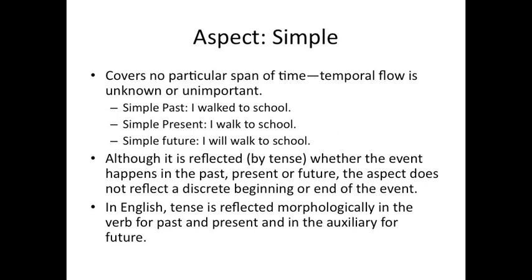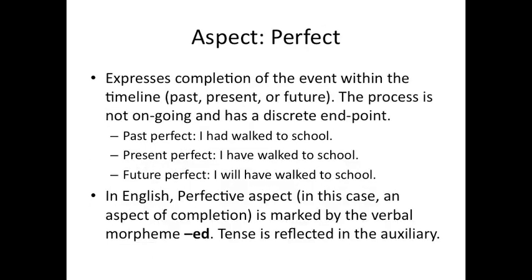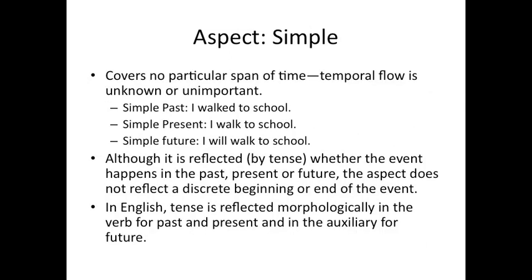There's nothing more conveyed but whether the event happened in the past, as in I walked to school, whether it happens in the present, I walk to school, or it will happen in the future, I will walk to school. So there's no real aspect being conveyed here by these sentences.